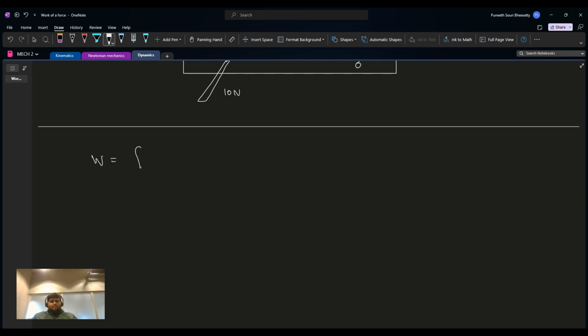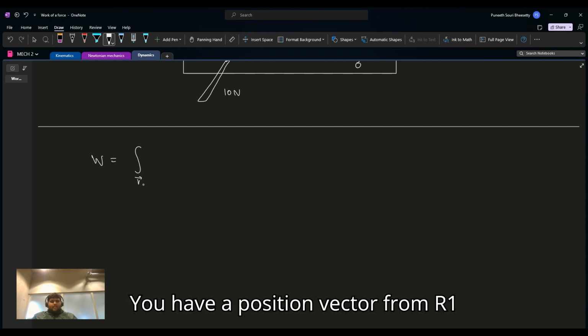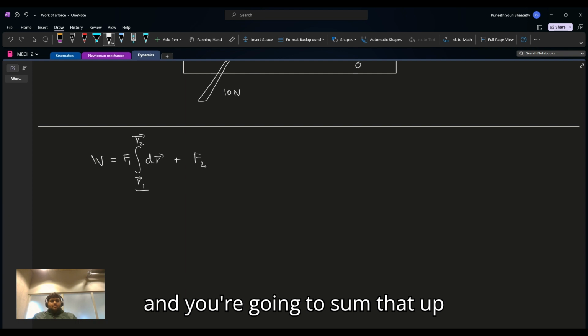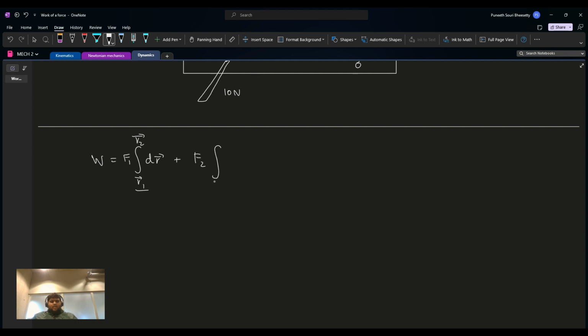So you have a position vector from R1 to R2, and force F1 is applicable between R1 and R2, and you sum that with another force value that is applicable between R2 and R3.